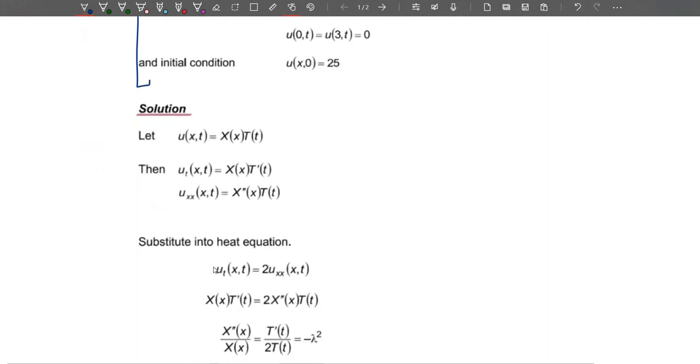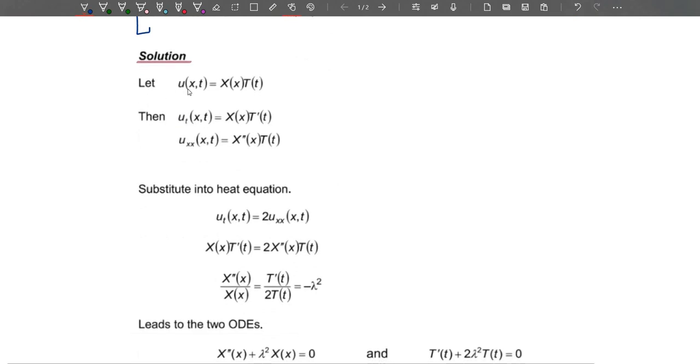The first thing that you need to do is let u(x,t) be equal to X(x) T(t). This is the first thing that you need to do. And then u_t is equal to X(x) T'(t), and u_xx is equal to X''(x) T(t).